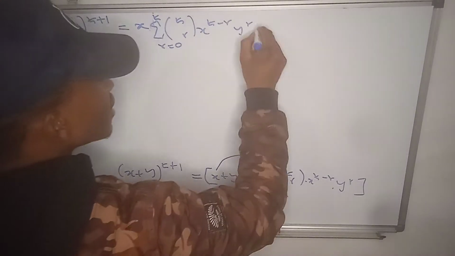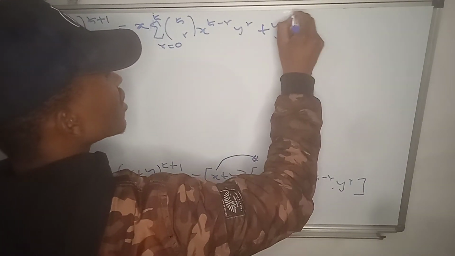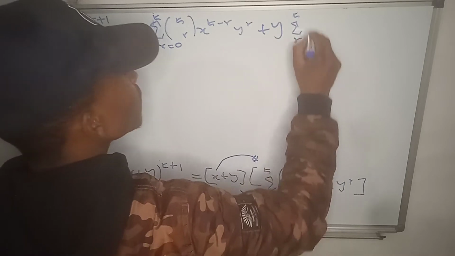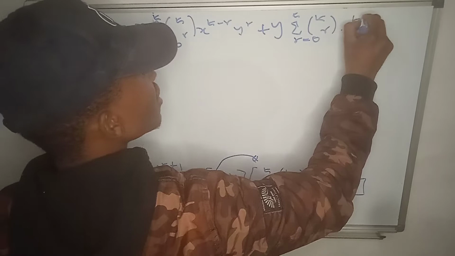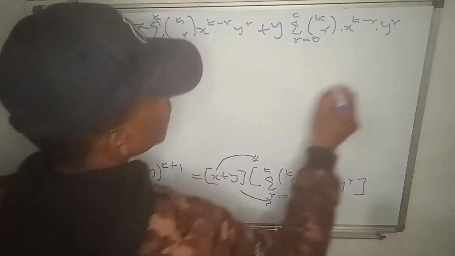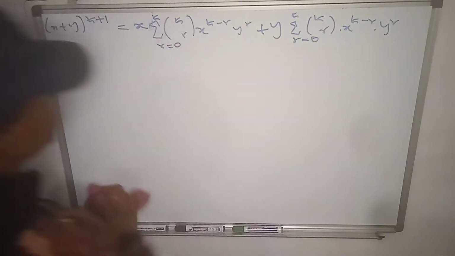Then I'm going to multiply by y also, and it's going to give me the summation of r equals 0 to k, k combination r times x^(k-r) times y^r. This is what I'm going to have when multiplying like that.